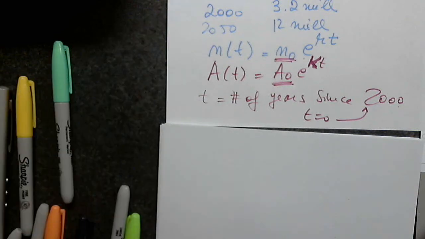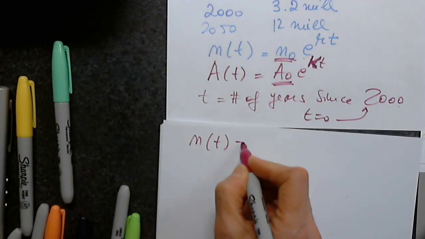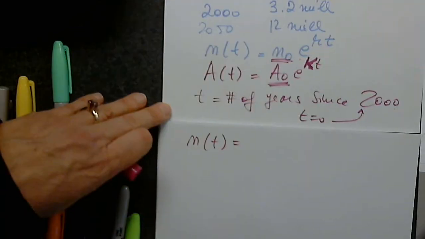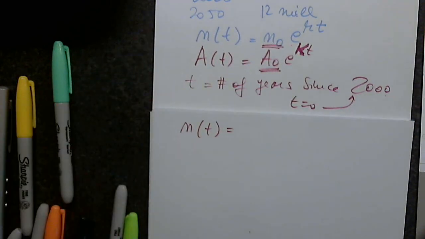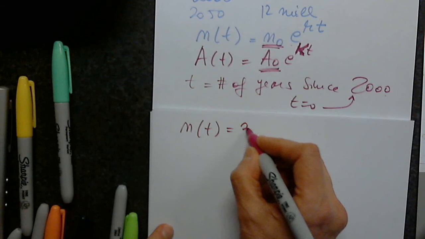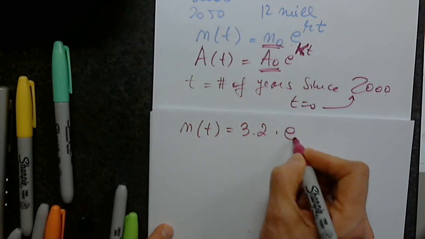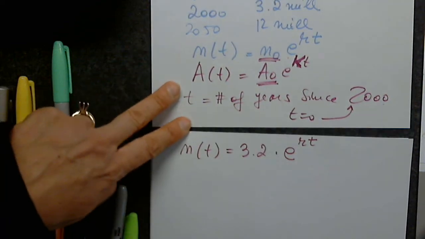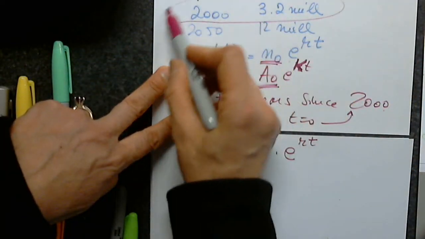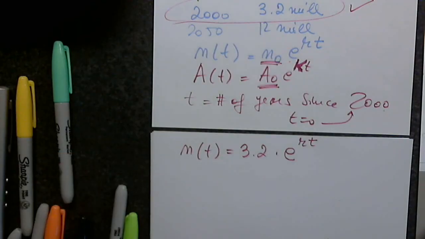So for now, I have that the number of people in the West Bank and Gaza Strip and East Jerusalem is 3.2 million times e to the rt.